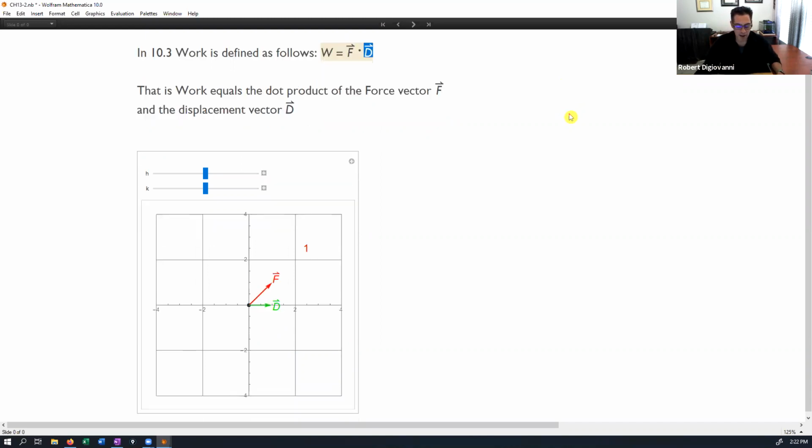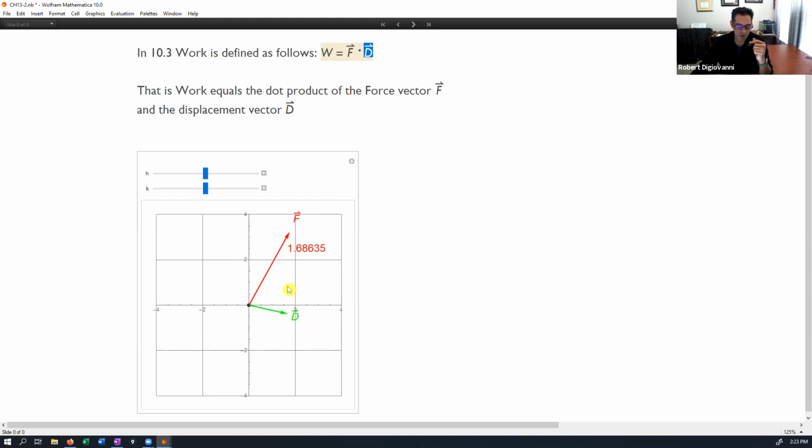So if we have a point, or let's say we're looking at some point here, let's say I apply a force, and I can change this force. The force is a vector because if I change the length, that means there's more force. And then I can change the direction also, right? So I apply some force, and then I have a displacement vector, which is a direction of displacement.